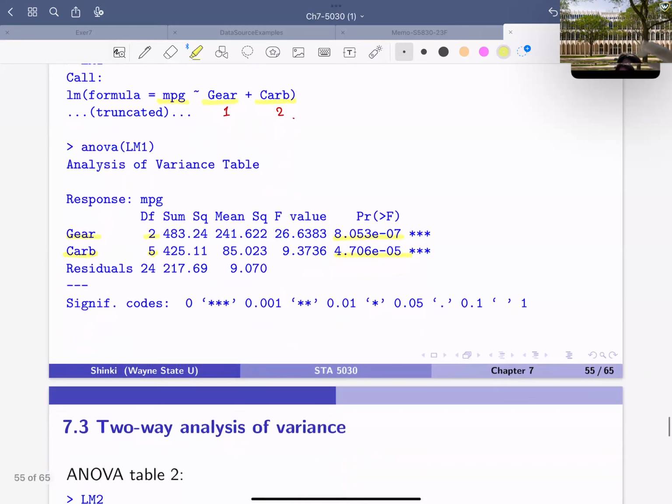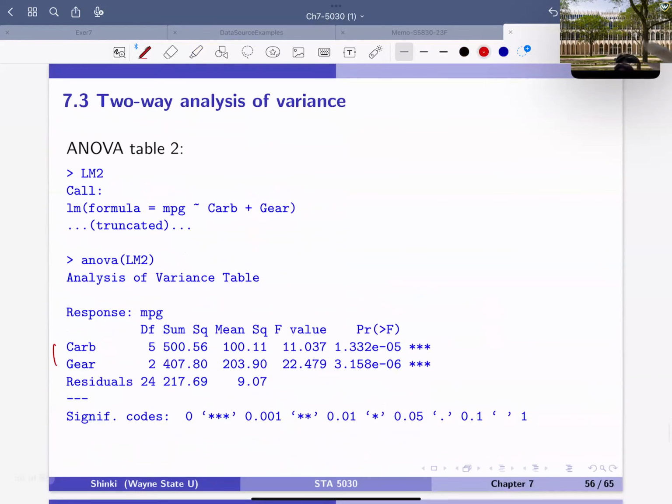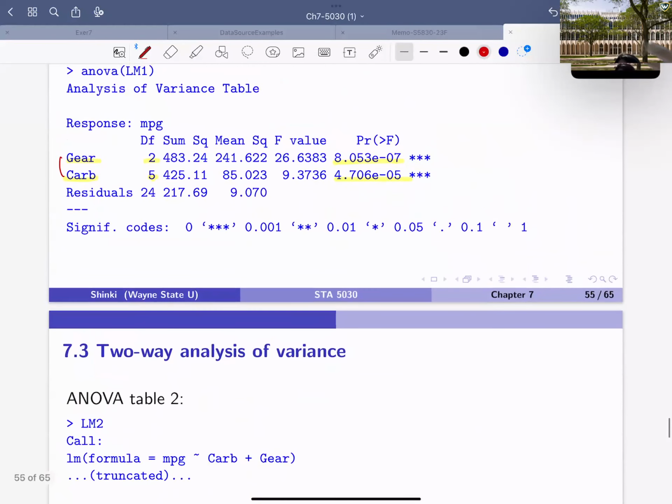And if we change the order of these two variables, we get this table. You can see that these numbers have changed. You can maybe see just the p-values. So this is 1.3 times 10 to the power negative 5 and 3.1 times 10 to the power negative 6. So these are different from these because the order has been changed.